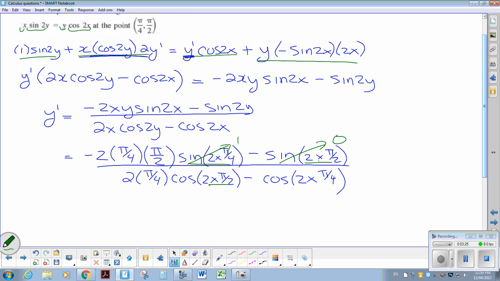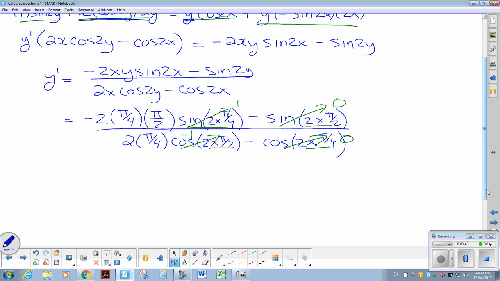Down here, that's 2 times pi by 2, so 2 times pi, so cos of 180, so that's going to go to negative 1. And this one here, 2 times pi by 4, cos of pi by 2, cos of 90 is 0, so that term disappears. So I'm left with my first two terms.